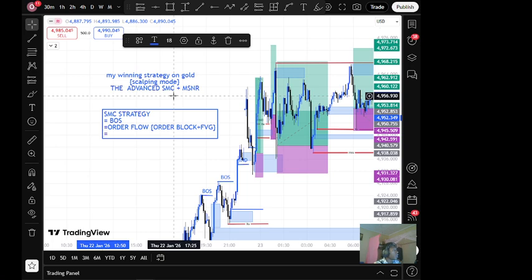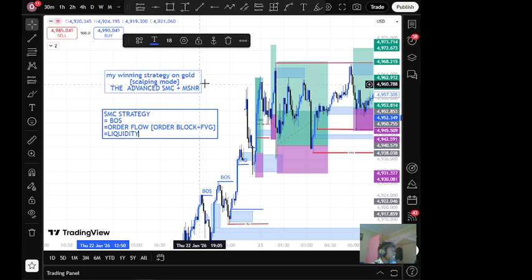Also look at liquidity concept. Basically, these are the three things that I look at in the SMC strategy, based on what I use in making the entries, right? So we move into the advanced SMC.